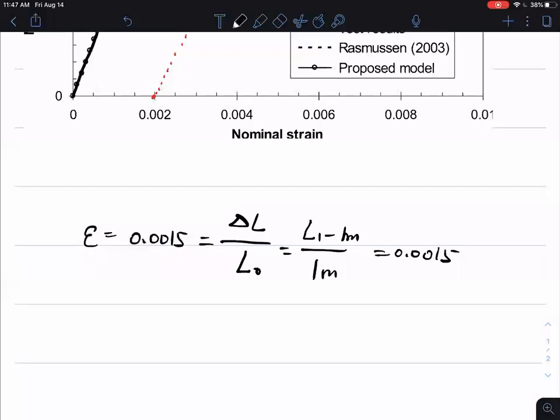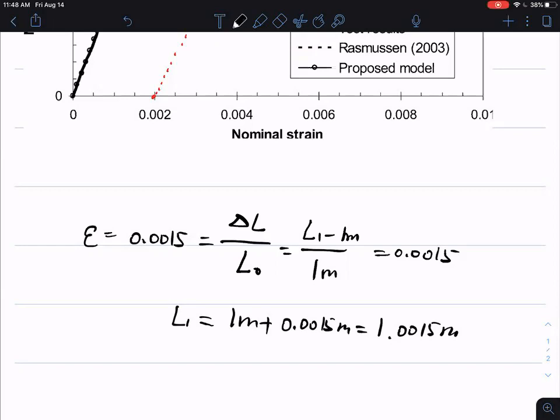Solve for L1 just by using 1 meter plus 0.0015 meter, and you get 1.0015 meters long. That's your deformation under this stress.